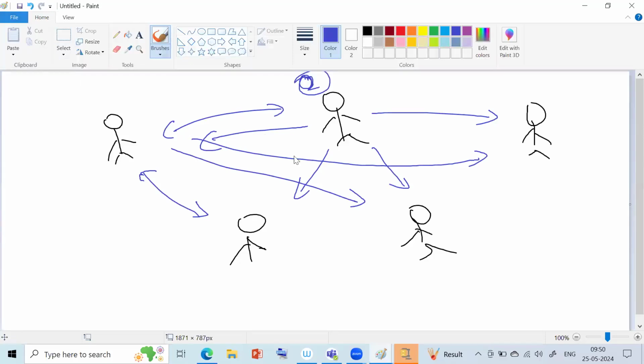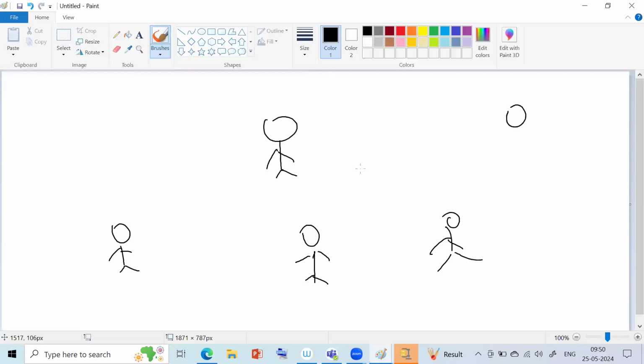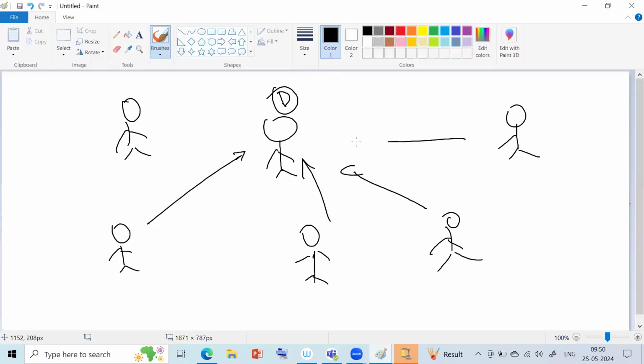But wouldn't it be nice if there is any other scenario? There are many people here. Wouldn't it be nice if there is some dedicated person, a designated person? Everybody updates him about which place they are staying.